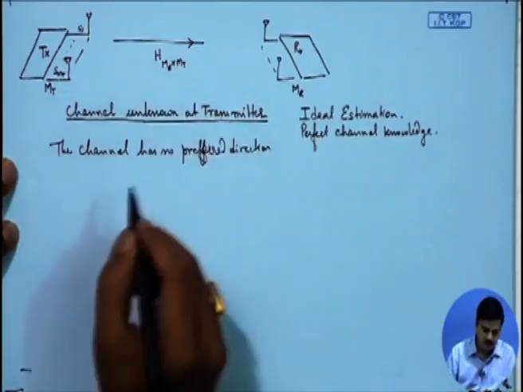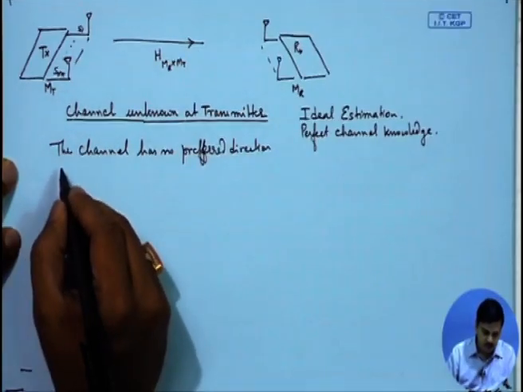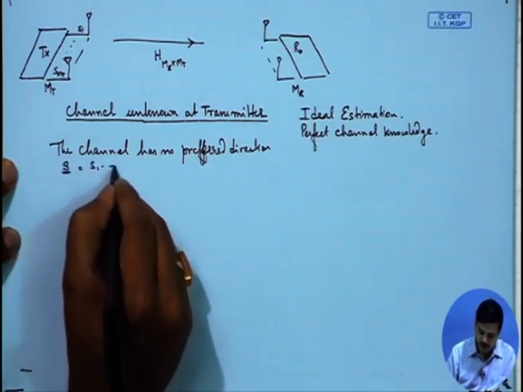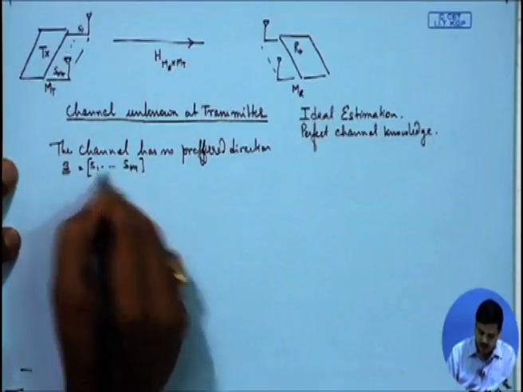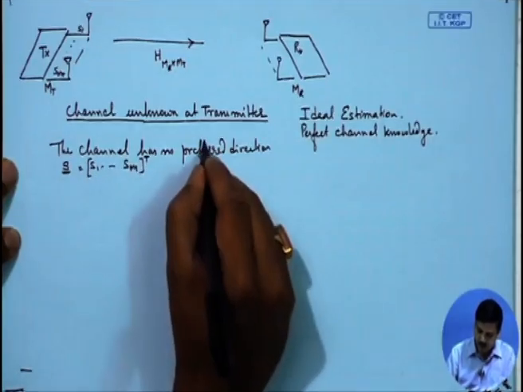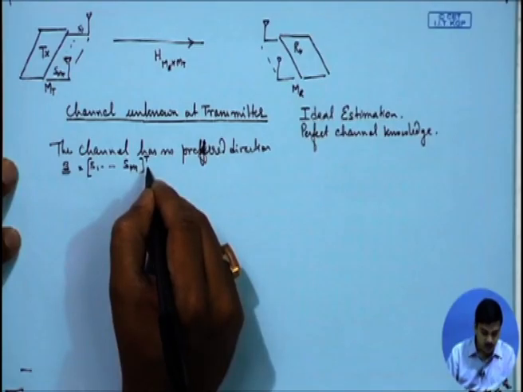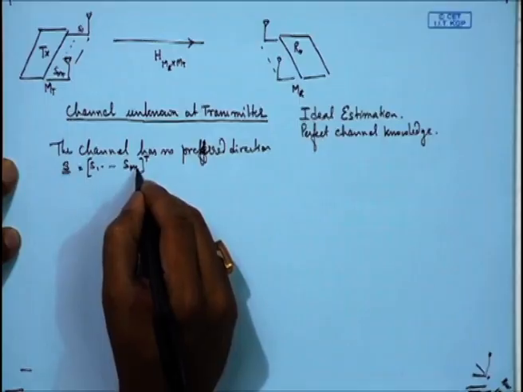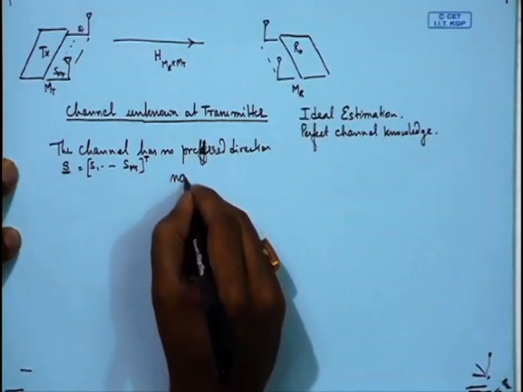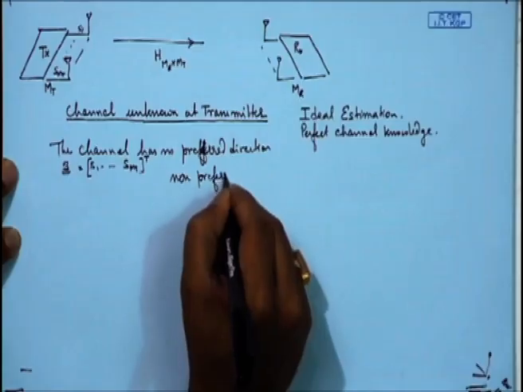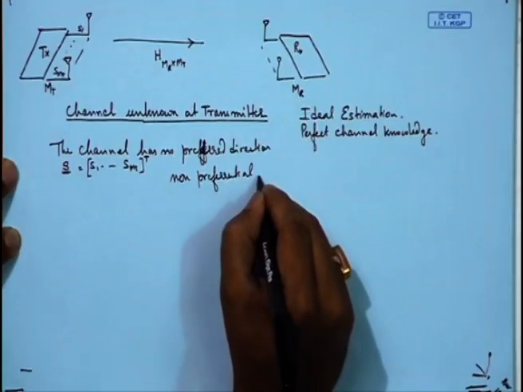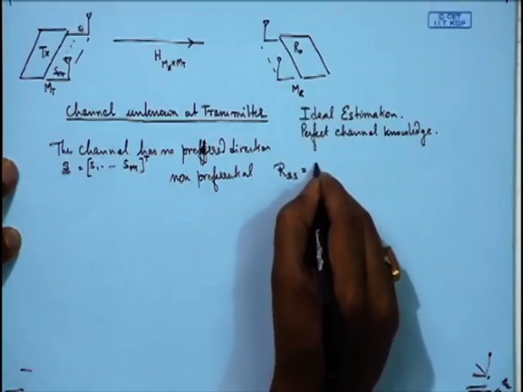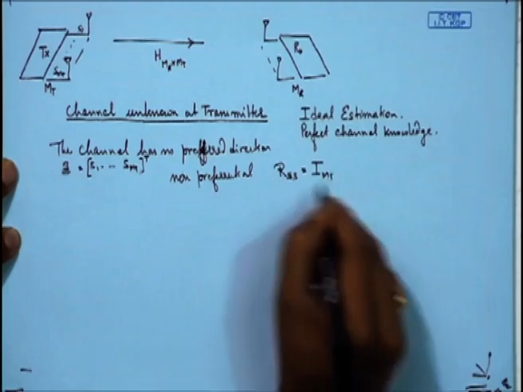It is not specific to certain directions and is completely unknown to the transmitter, and therefore the vector S, which is composed of S1 to SMT, you cannot specifically modify this. So the best non-preferential thing that you can decide for this is to make RSS equal to I of MT.